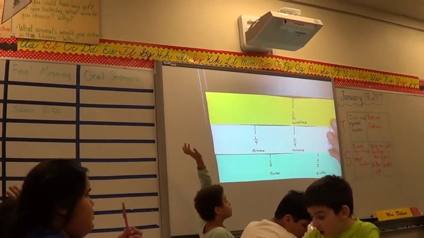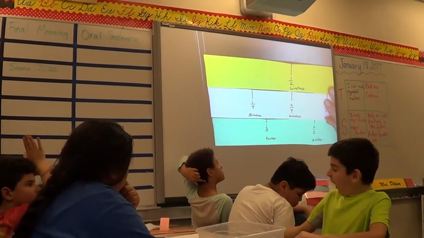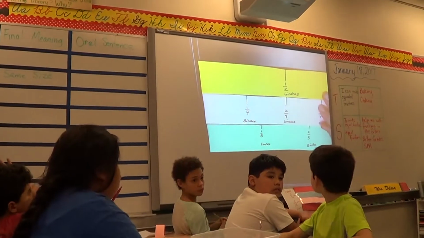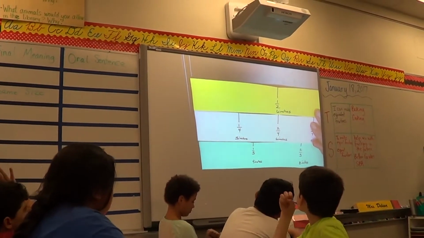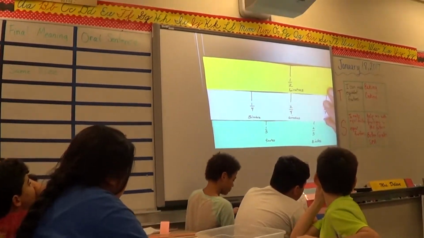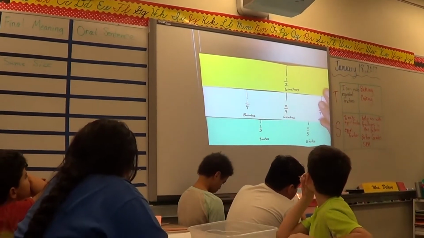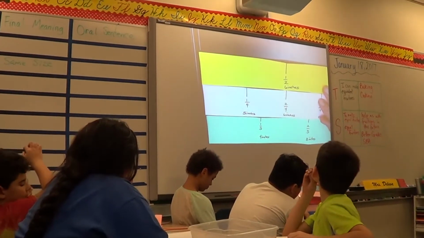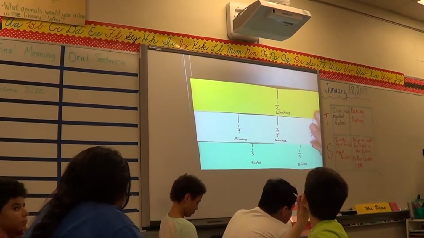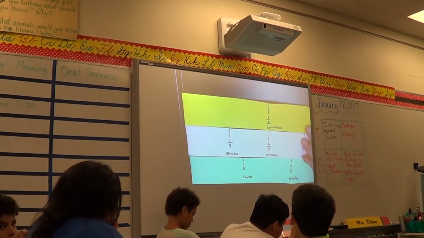Same size. So, Ivan, can you look at this and tell me which ones are the same size? Do you see any of the lines that line up from one fraction strip to the other? Who can help him out?